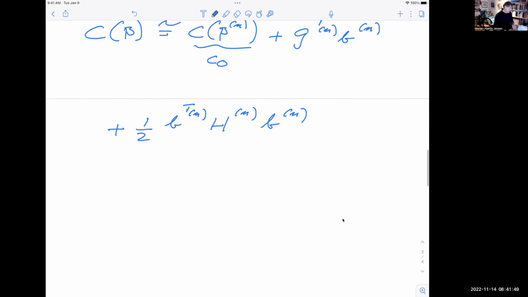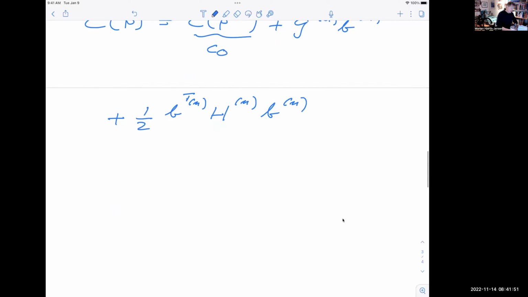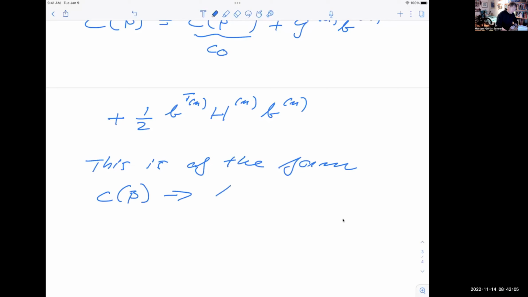Now what you see here is that this is of the following form. I'm going to rewrite C of beta in terms of a function f of x. So f is now the function, the cost function.